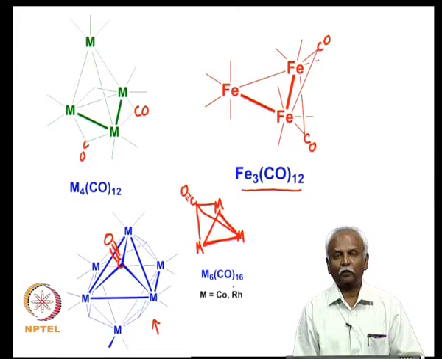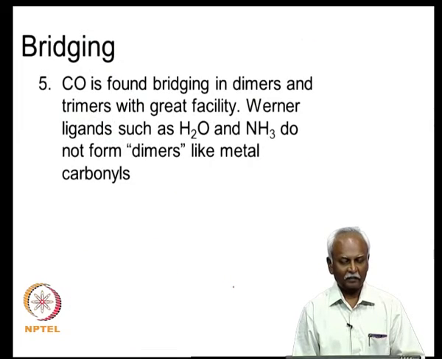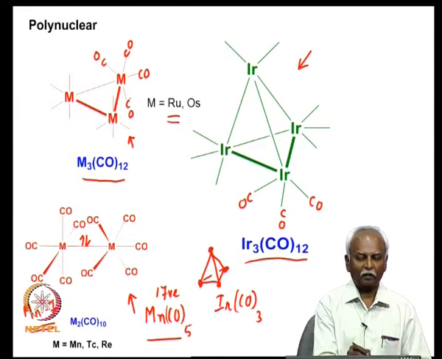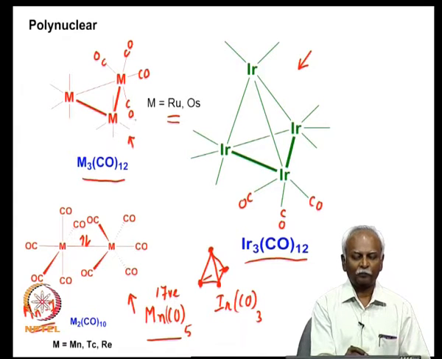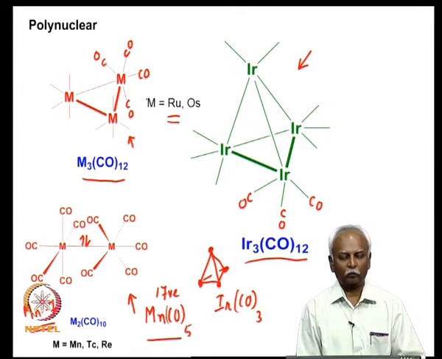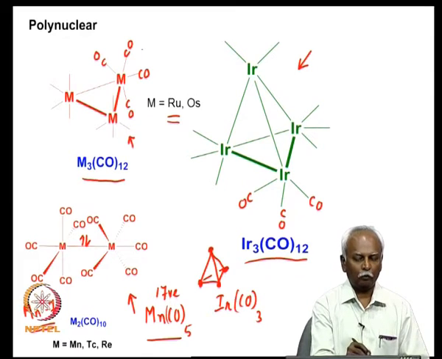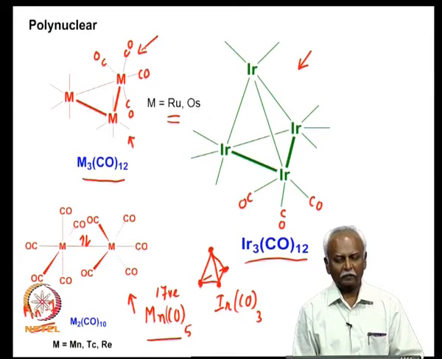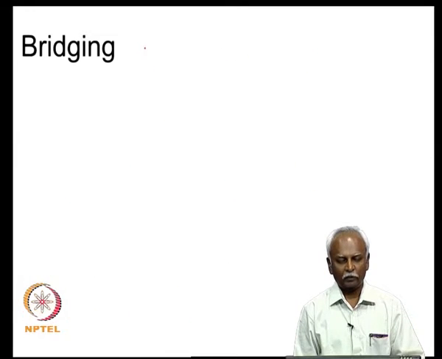Both ruthenium and osmium do not form the bridged species, but instead we notice that they form only the trimeric species where you have no bridges, but terminal carbon monoxides. So, here you have all terminal carbon monoxides, and in the case of iron, you tend to form two bridges.